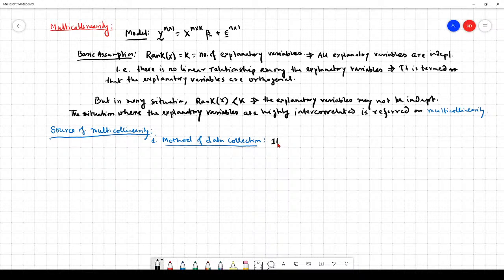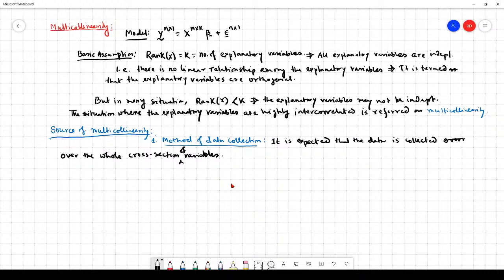It is expected that the data is collected over the whole cross-section of variables.